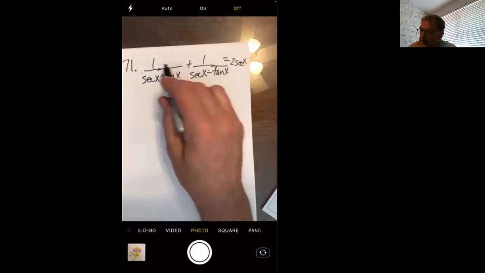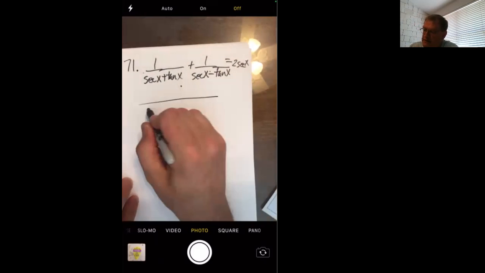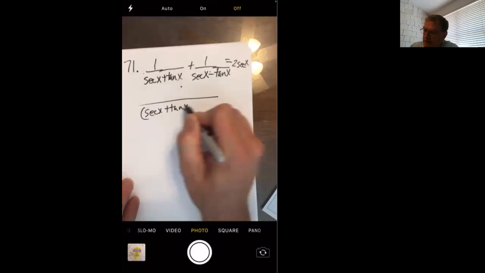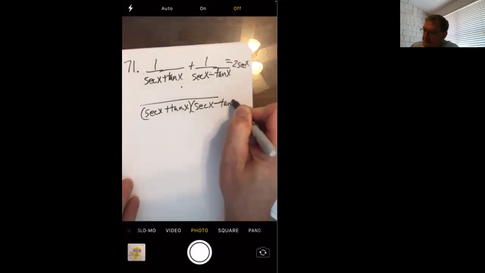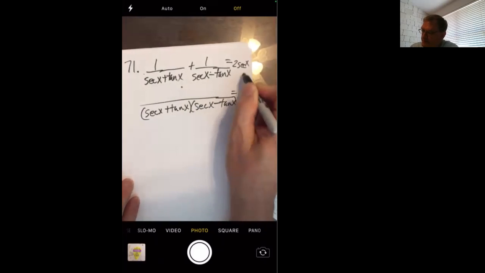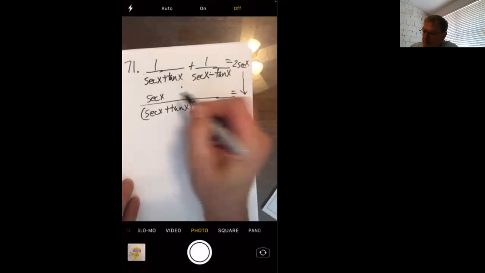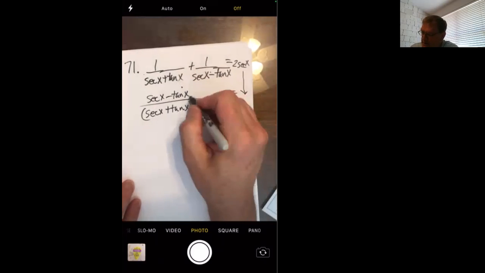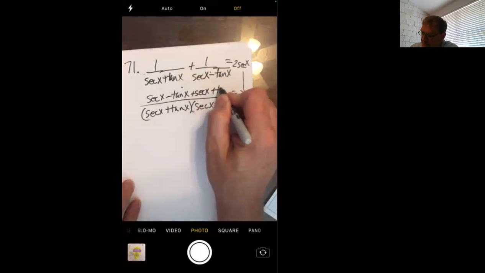Why don't we go ahead and get a common denominator as is, but leave the bottom: secant x plus tangent, secant x minus tangent. The top would be secant minus tangent this way, and then this way would be plus secant plus tangent.